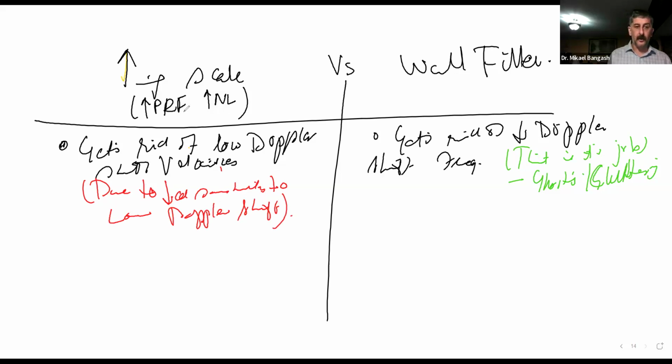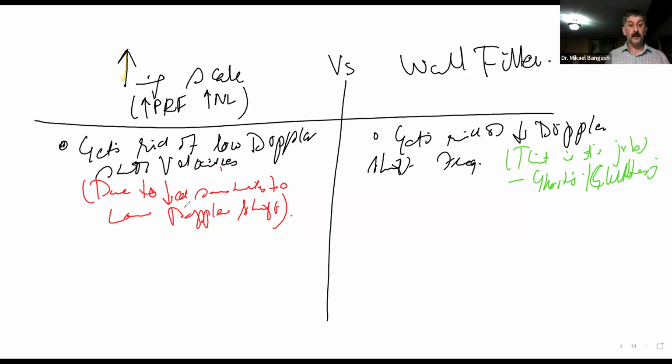So mainly, your Doppler scale, by increasing it, made your system less sensitive to those low Doppler shift frequencies. That you still will have in a blood vessel, where you still may see aliasing.